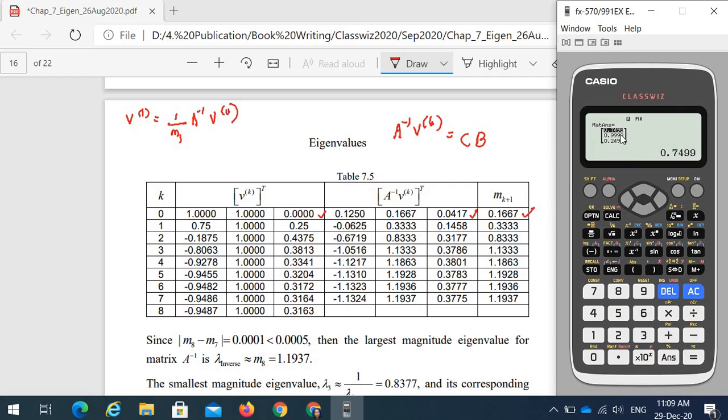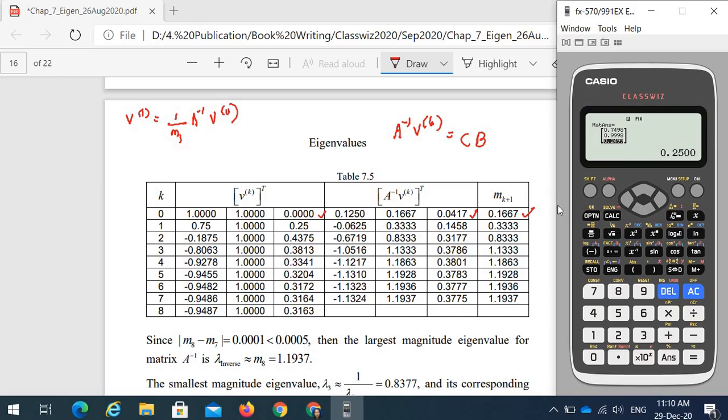This next answer is actually your vector V, which is 0.4999, 0.9998, or 0.25. Rounding it, 0.7499 rounds to 0.75. This is 1.